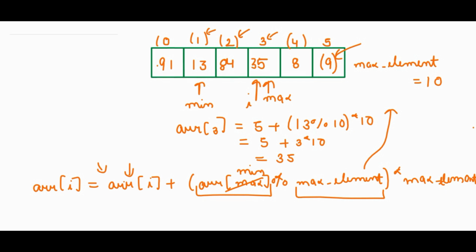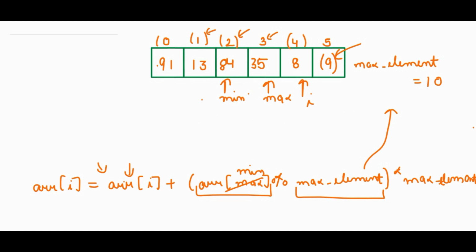Now same thing, i will point to 8, and our min will point to the second index. Now again on the ith index we have 8, so our array of 4, and we have an even index, so we will be needing the maximum element here.